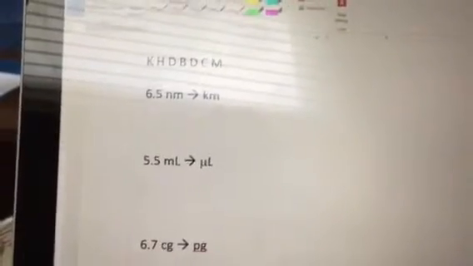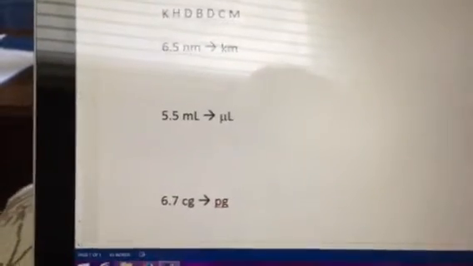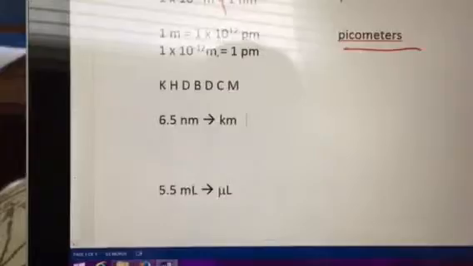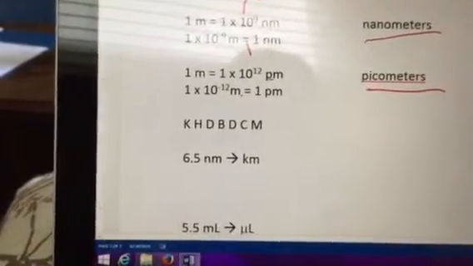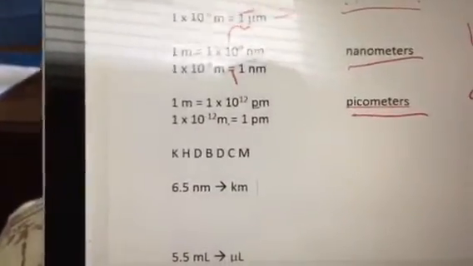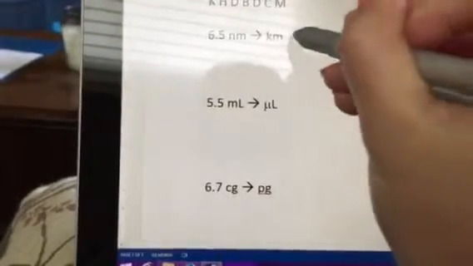So there's a couple of different ways to do this. So the first one I have is 6.5 nanometers to kilometers. So if you go back up and you look at your conversion factors, which you are responsible to memorize, it says 1 meter equals 1 times 10 to the 9th nanometers. So I'm going to set this up using dimensional analysis.